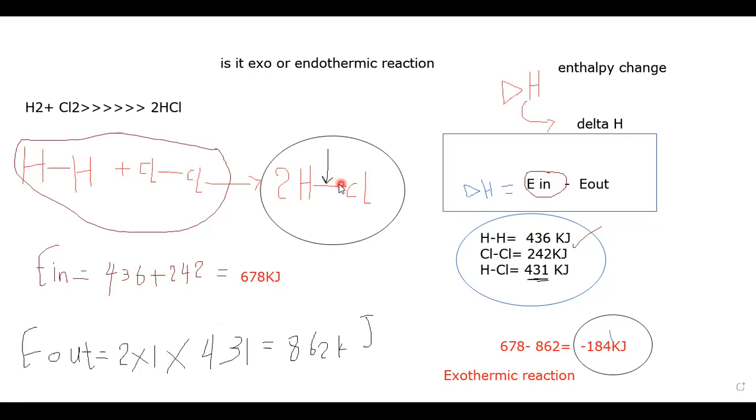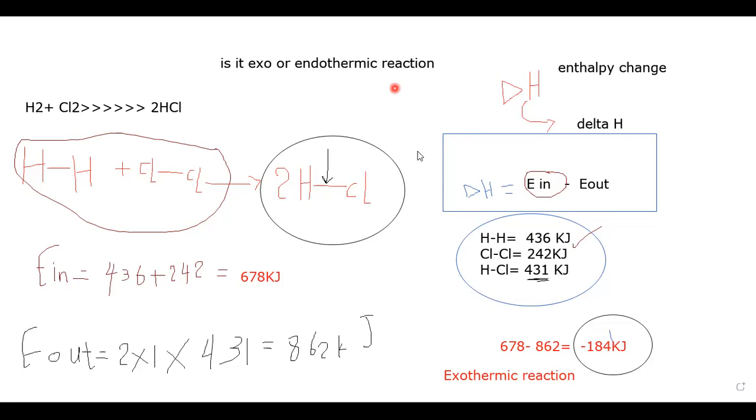Multiply, how many bonds here? 1 bond, H bond Cl. So I wrote 1. What is the value of this bond, H bond Cl? 431. So I wrote it like this. The values will be given in the question, yes. Okay.